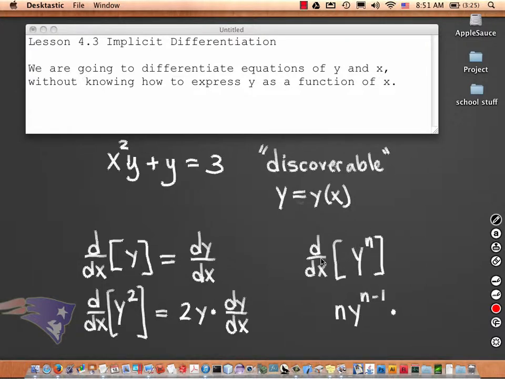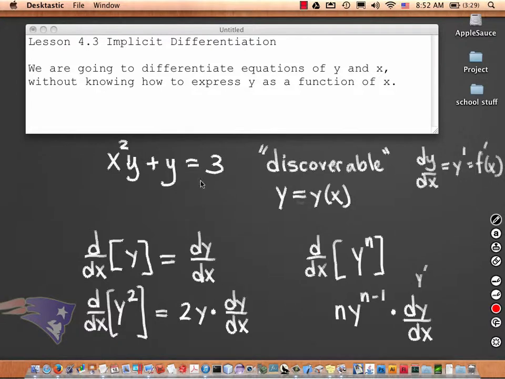So what is d dx of y? Y prime, which we'll write as dy dx. This is the same as y prime. So these notations, dy dx, y prime, f prime of x, they're all interchangeable. They all ultimately mean the exact same thing.